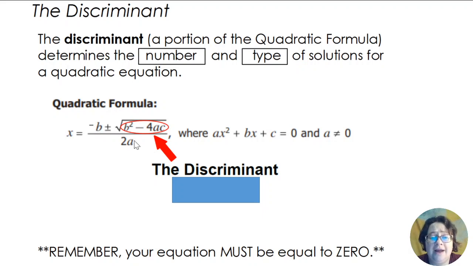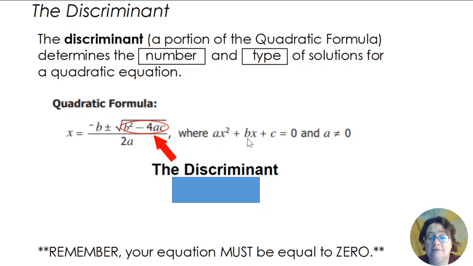And we find our a, b, and c by looking at our original equation. And it's in the form of ax squared plus bx plus c equals 0, and a is not equal to 0, meaning x squared is there, and you have a number in front, or it could be a coefficient of 1 in which you may not see it. So our a is going to be in front of x squared.